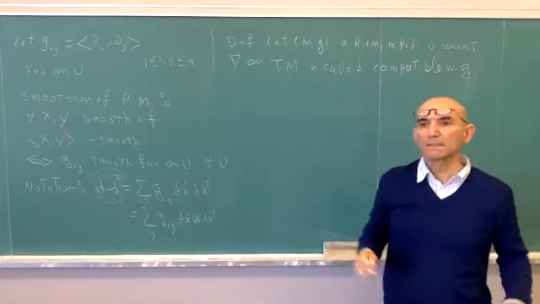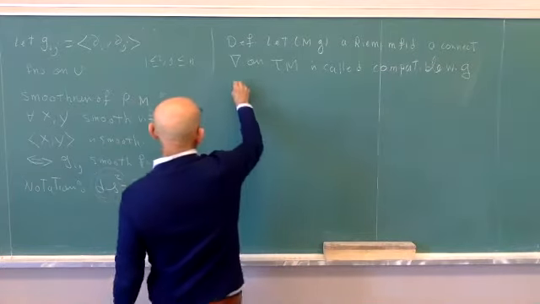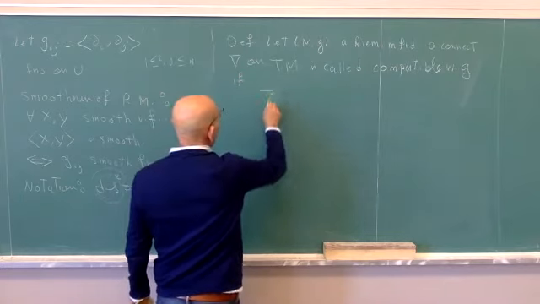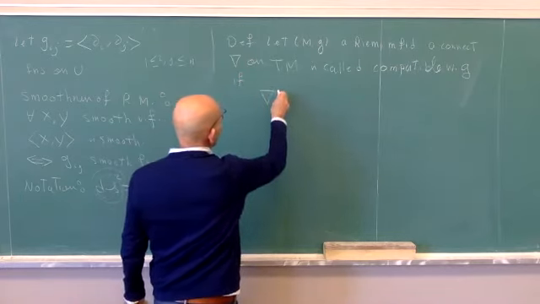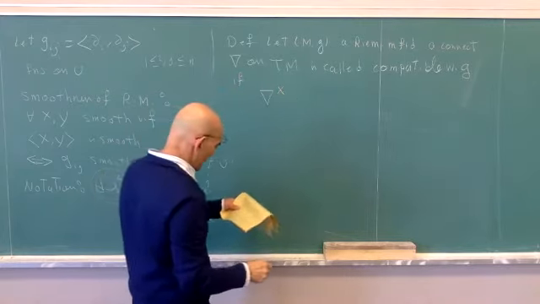So we say that this connection is compatible with the Riemannian metric if nabla, I would say x, so my notation, I want to be consistent.